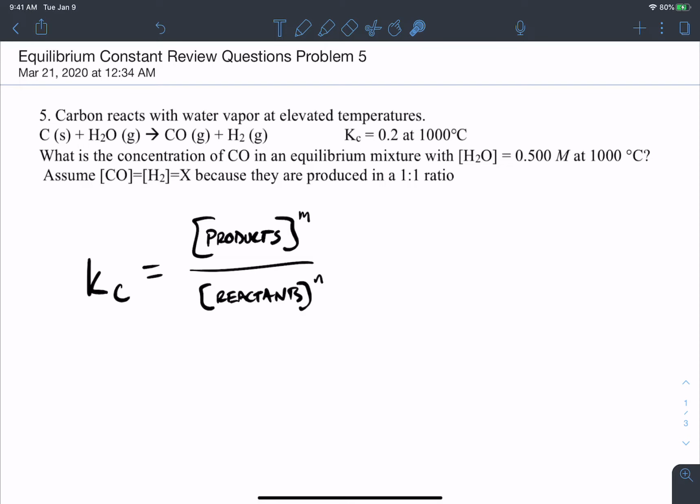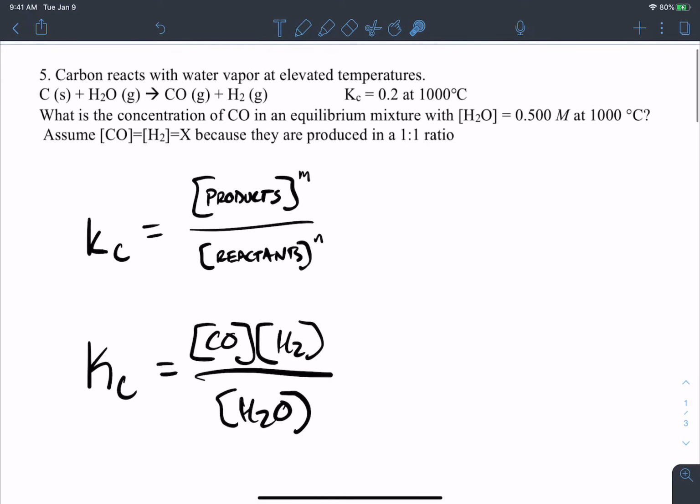All right, so if I substitute in the products and reactants for this reaction, notice I have the concentration of carbon monoxide, my first product, to the first power, because we have a coefficient of 1 for carbon monoxide, times the concentration of H2, my second product, also raised to the first power, because we have a coefficient of 1, divided by the concentration of H2O to the first power.